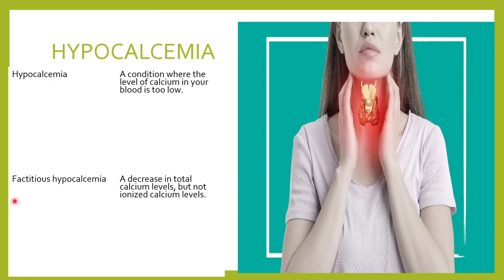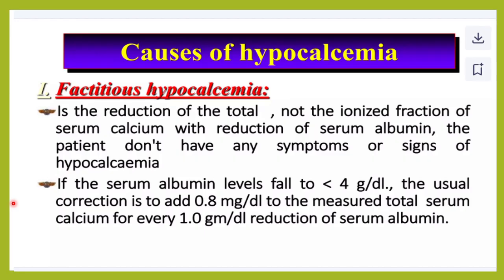There is something called factitious hypocalcemia. This is a condition wherein there is a decrease in the total calcium level but the ionized calcium level is normal. I have told you that whenever we talk about the serum calcium, that is the total calcium. It includes both the calcium which is bound to the proteins and also the free calcium. So in factitious hypocalcemia, the total calcium level will reduce, but the ionized calcium will be normal.